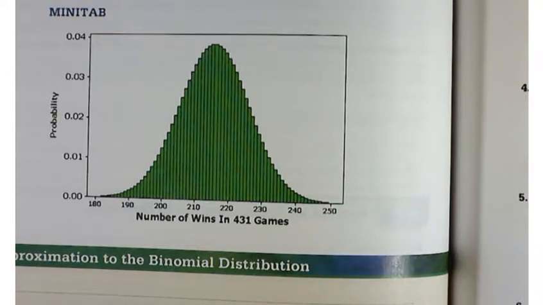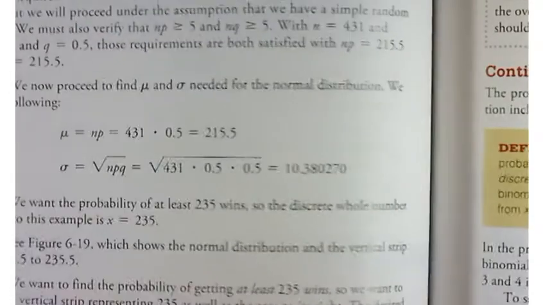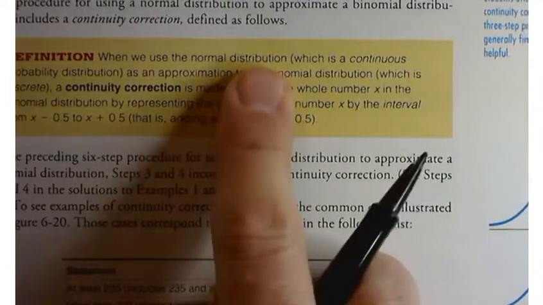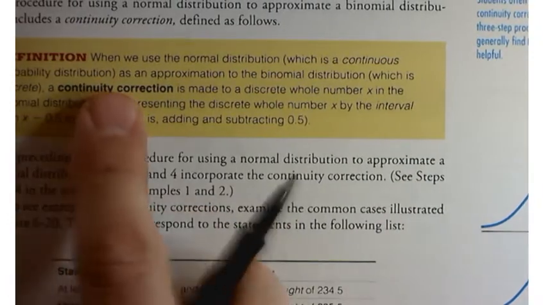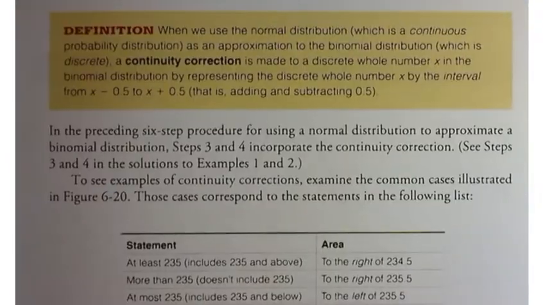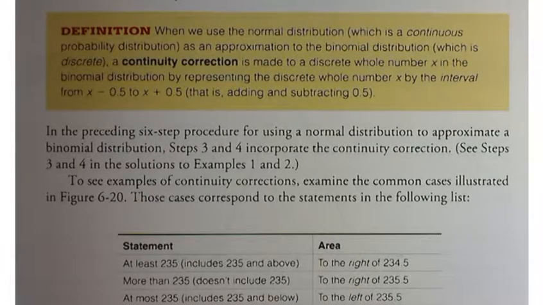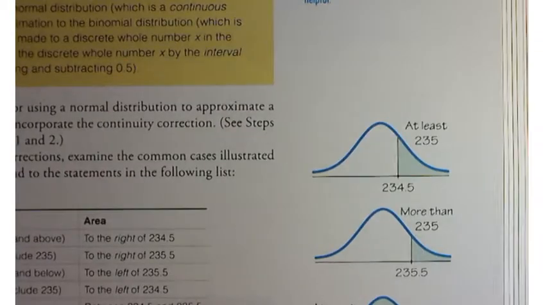This is called a continuity correction. That continuity correction basically corrects for the fact that the normal distribution is continuous and the binomial distribution is just discrete values, a 1 or 2 or 3, etc., nothing in between. So when you're looking to set up your normal curve and calculate your probabilities, you're going to get some areas.